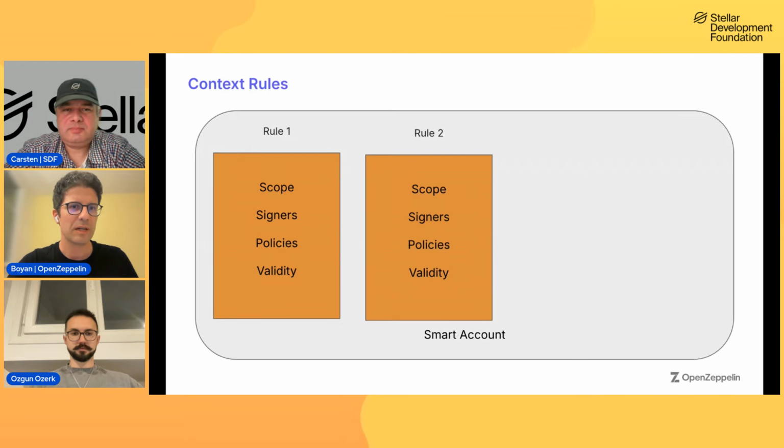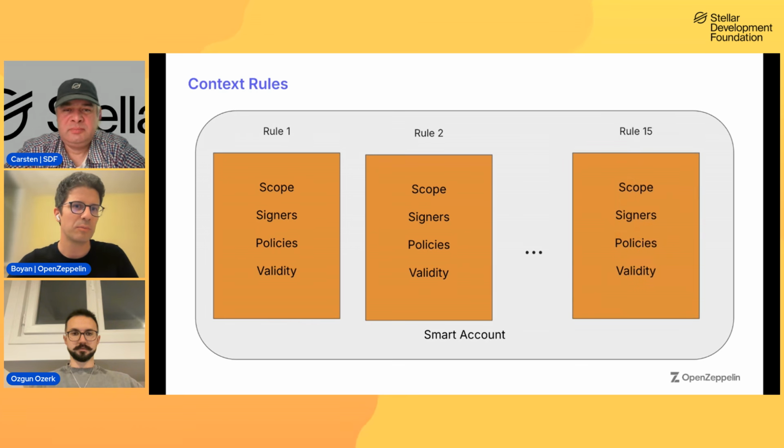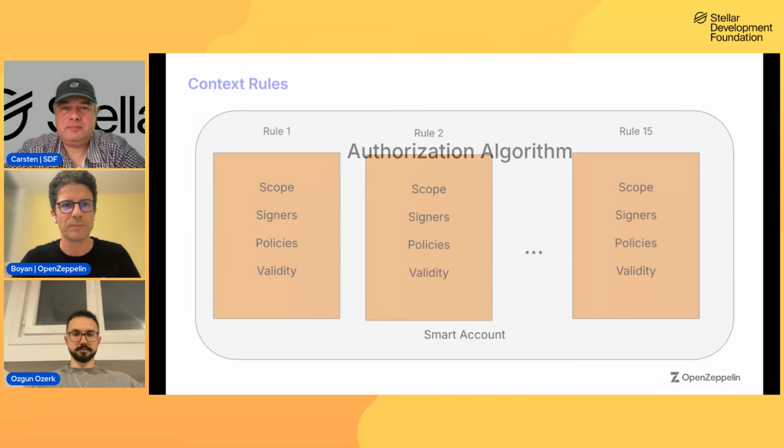So a smart account stores a set of those context rules, up to 15 rules per smart account. We added this limit to ensure reasonable resource consumption and to encourage proactive management, for example, to encourage you to remove the expired or unused rules.